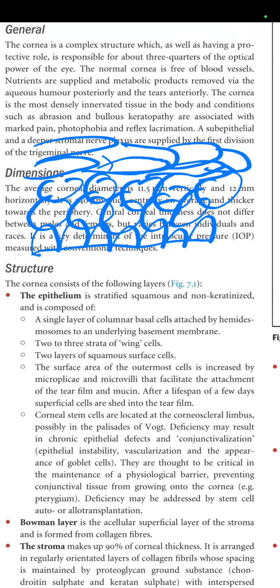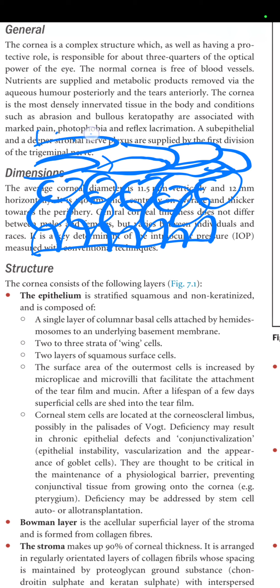The surface area of the outermost cell is increased by the microvilli or microplicae that facilitate the attachment of the tear film and the mucus. After a lifespan of a few days, superficial cells are shed into the tear film. So what increases the surface area?